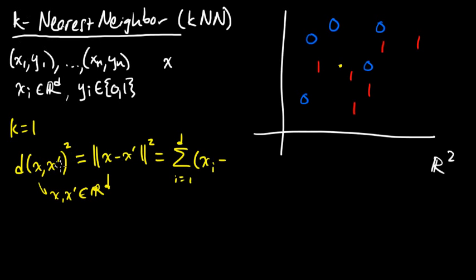To make the connection with our previous notation, let me denote these points xi and xj, where xi is just xi1, xi2, and so on up to xid.